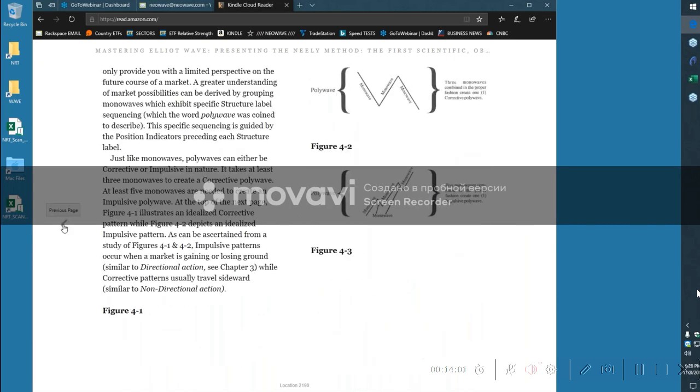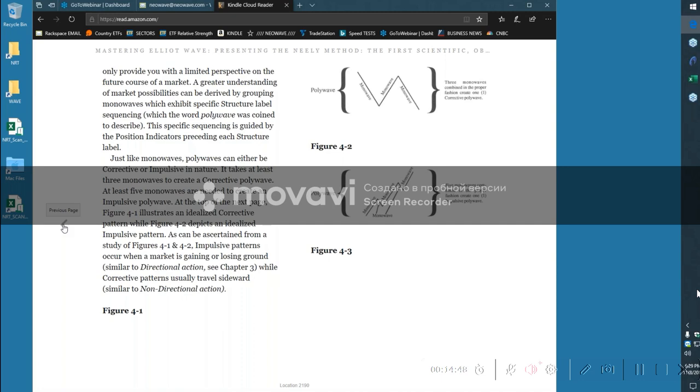Okay, there it is. So the point of chapter 4 is, after you've gone through this process of identifying impulsive and corrective patterns, and realize that chapter 3 goes into tremendous detail regarding F3s and L3s and L5s and all these different things, you probably don't need to go to that level of detail and complexity in your analysis, as long as the first thing you do when you're looking at a chart is find the largest, most violent move that occurred, that is hopefully retraced less than 61%, but even if it's more than that, the most important move on any chart will be the largest, fastest move in the shortest period of time.